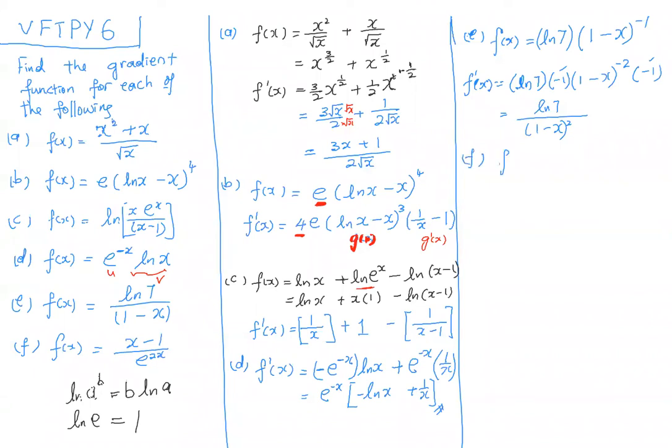Can I simplify F like A? Can or not? The answer is no. Why? Because this is e to the power of 2x. It's not x.